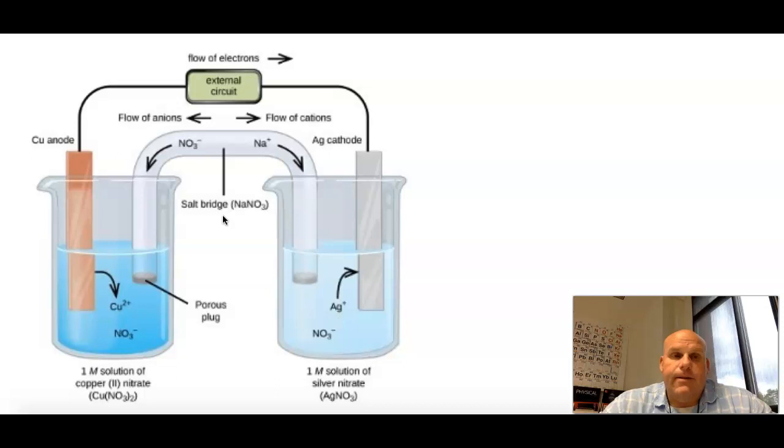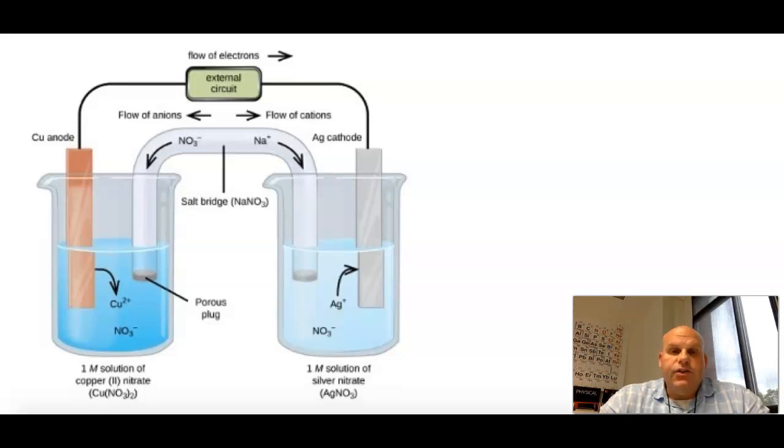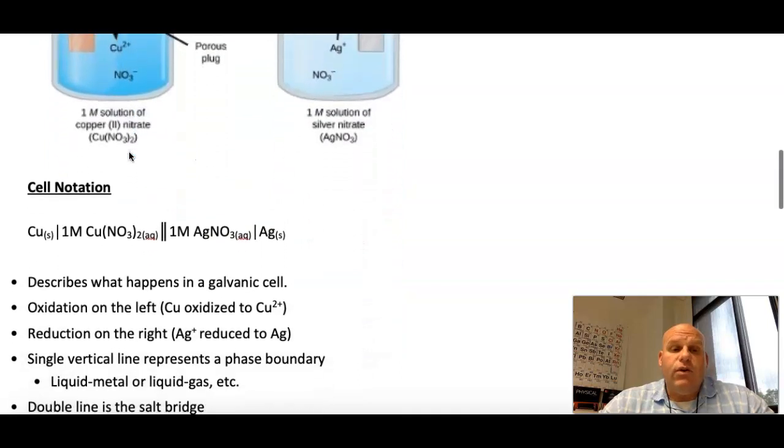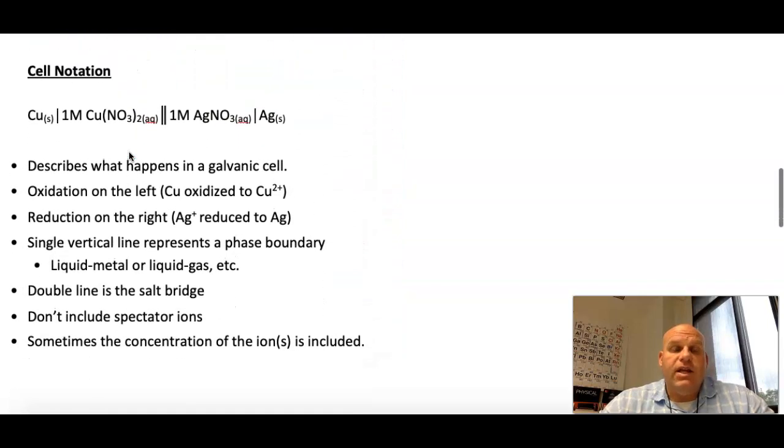Now, it's unrealistic to draw out a large cell diagram like this every time we are talking about a particular galvanic cell. So we use what's known as cell notation. You can see here it always goes anode to cathode because that's how the electrons flow.